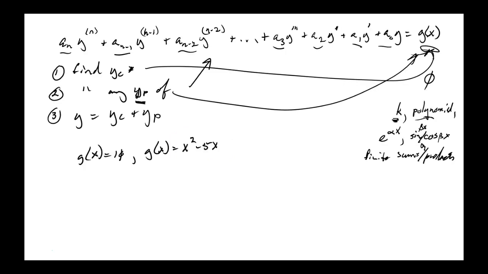Or any other polynomial, 15 terms, whatever. It could be g of x equals 15x minus 6 plus 8 e to the negative x. Why? That's a polynomial function added to an exponential function. Fine. Anything like that would do.